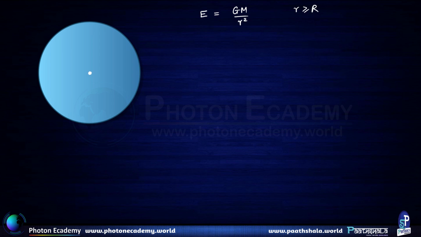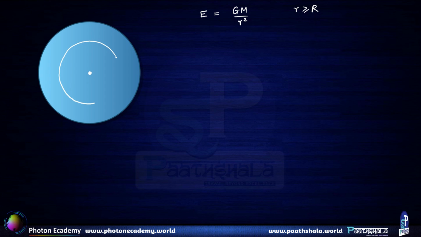So at a point that is inside, only the interior sphere is going to actually contribute. So this is at a distance r from the center.